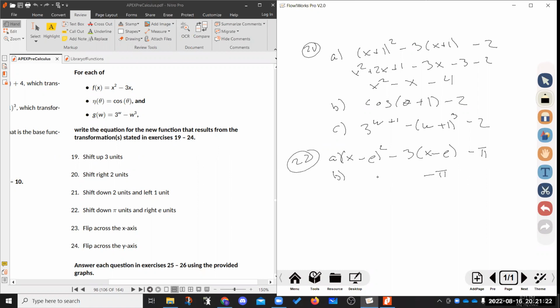Down pi and cosine theta minus e. C is going to be down pi, e to the right, 3 to the w minus e, minus w minus e raised to the third.